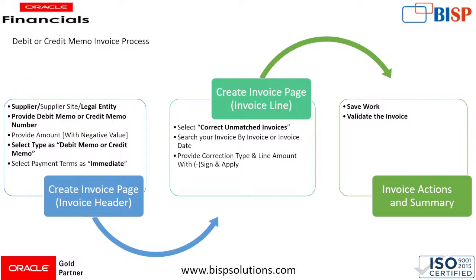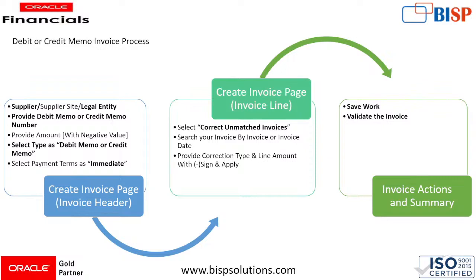Then we select the type as debit memo or credit memo, as the case may be, and select the payment terms as immediate, which is very important. The payment term should be immediate, right?